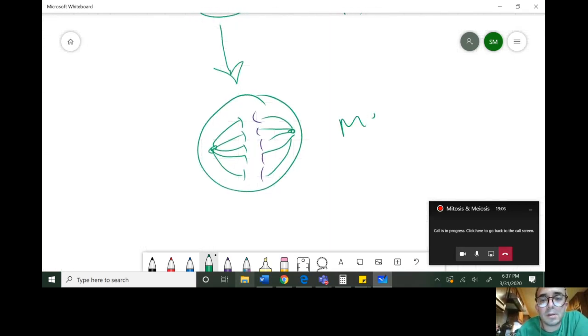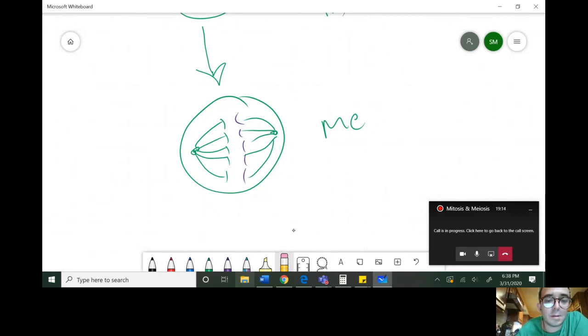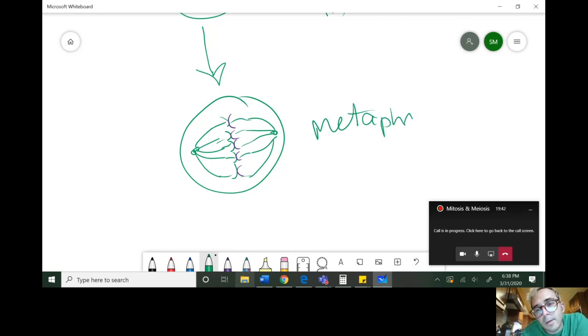So metaphase. Ooh, that's not metaphase, that's anaphase. I skipped a whole phase. Guys, call me out on this. We're lining things up. Nothing is separated. Metaphase, and this is still 4N. Cool.